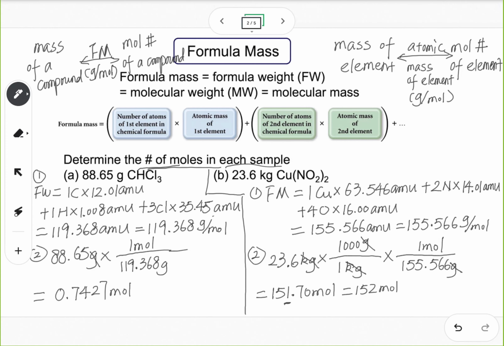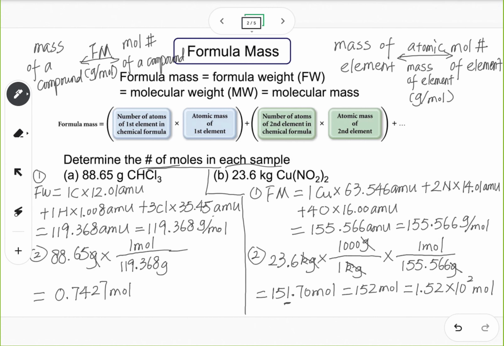But as we mentioned in chapter E, this is ambiguous. Therefore, we need to use scientific notation, 10 to the second mole. So this is how we calculate the formula mass and how we use formula mass to help us identify the mole number of a compound.